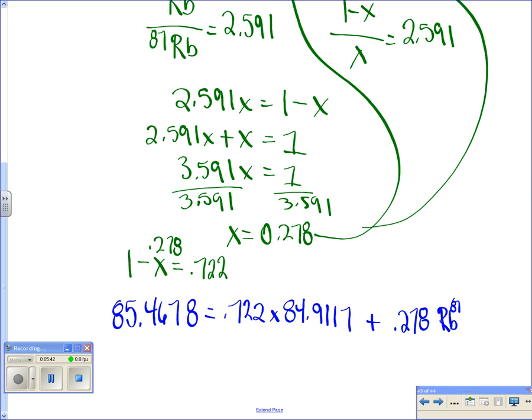So I'm just going to solve for that. Again, if we work it through, we do a little bit of math here.